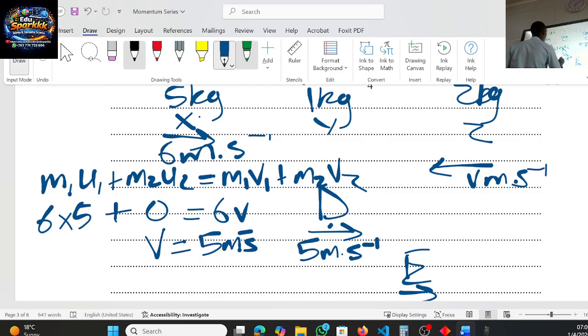But now the combined mass here is going to be 6 kilograms. Now, as this one is coming, it has a mass of 2 and a speed of v. So let's see what happens afterwards.